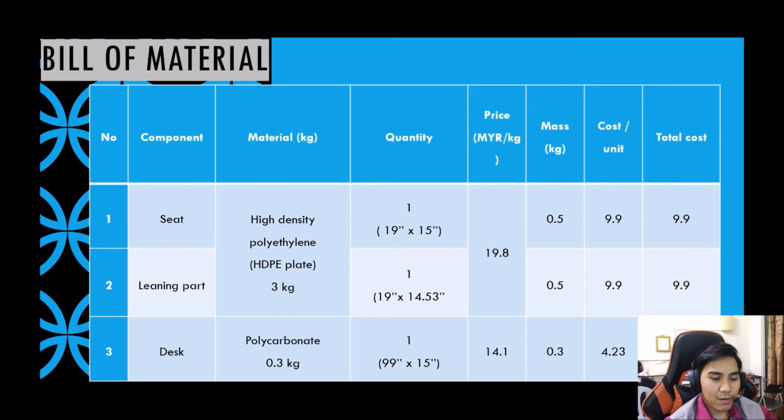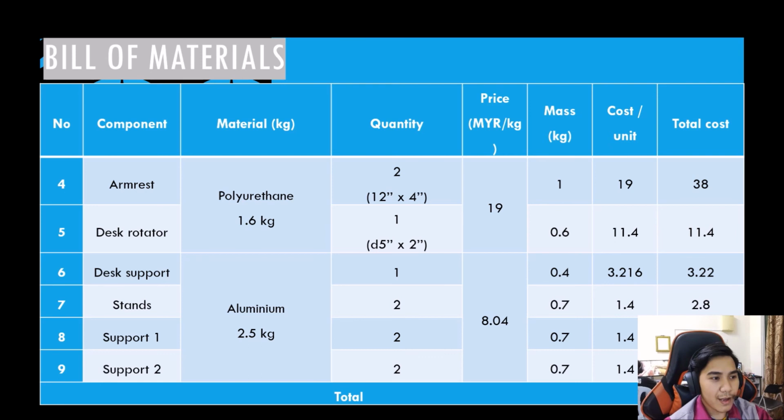The first 2 components share the same material of polyurethane, and each of the total costs is RM 9.9. The third component is the desk, which uses polycarbonate and yields a total cost of RM 4.23. Next are the armrest and desk rotator, which share the same material.